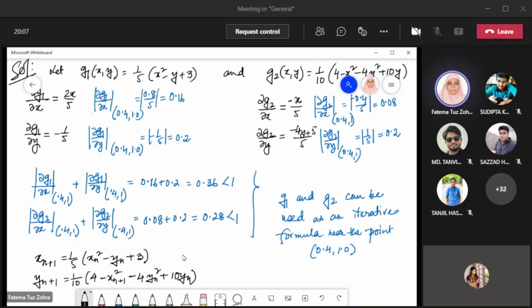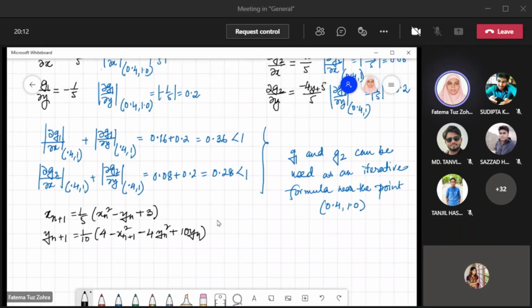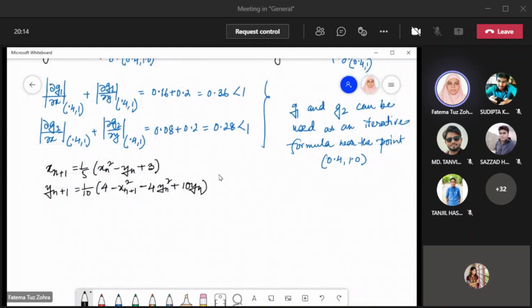So whatever I have used, Jacobi or Gauss-Seidel? I have used n plus 1, so it is Gauss-Seidel.